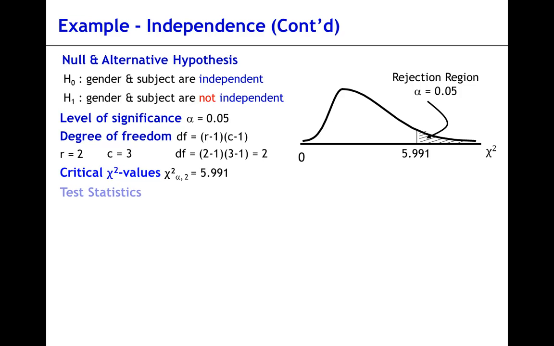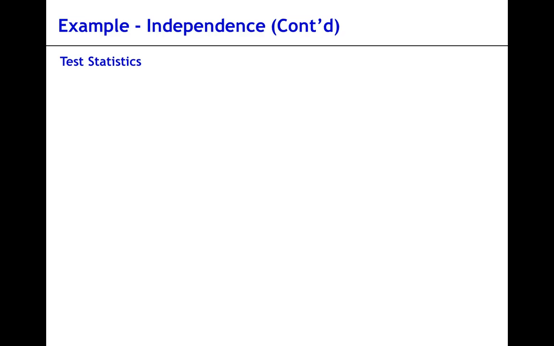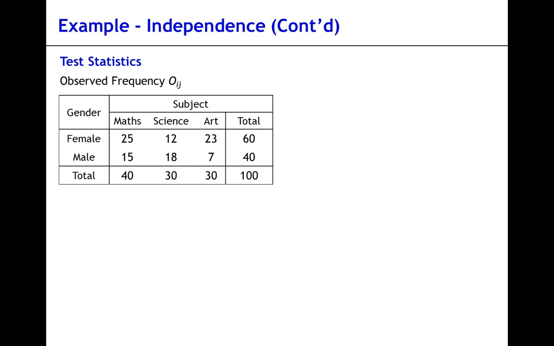Next, we find the test statistic. In order to get this value, we need to do some calculation in a separate area. Using the given contingency table, we get the observed frequencies O sub ij's. Next, we find the marginal probability P sub j for each column.